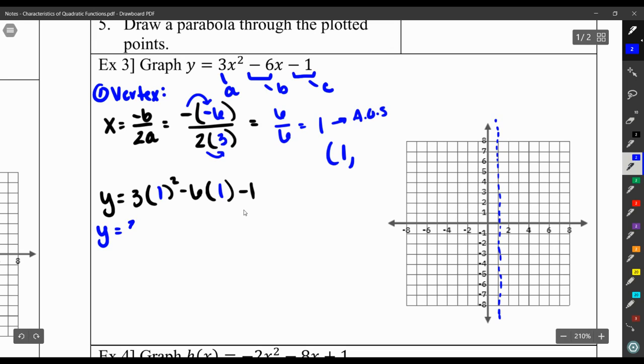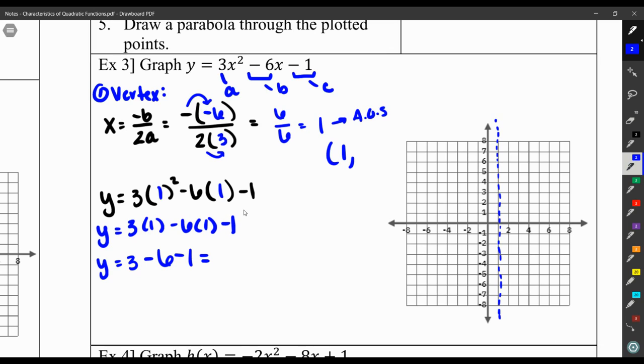So 1 squared is 1. No more exponents. 3 times 1 makes 3. -6 times 1 makes -6, drop the -1, and add or subtract all those together, we end up with -4. So my vertex is at 1, -4. So there is my vertex.